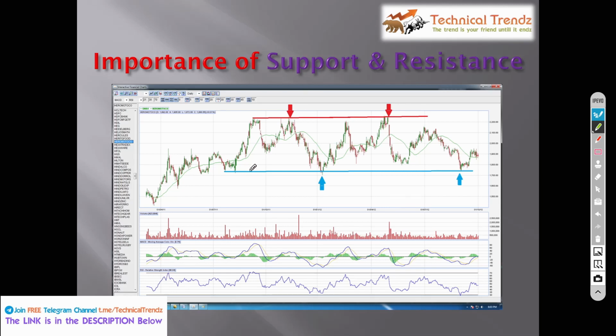So friends, if a buyer buys the security here or here, and finds this area as resistance, he will feel like disposing of his security, and the seller comes into the picture at this stage and they start selling, and from there they will drive the price back to this support area.